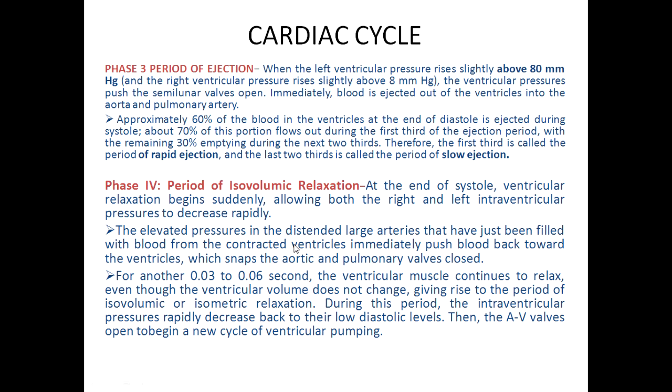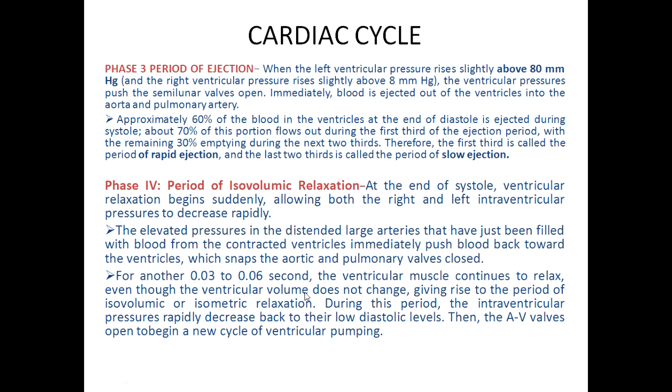So the elevated pressures in the distended large arteries that have just been filled with blood from the contracted ventricles immediately push blood back towards the ventricles, which snaps the aortic and pulmonary valves closed.